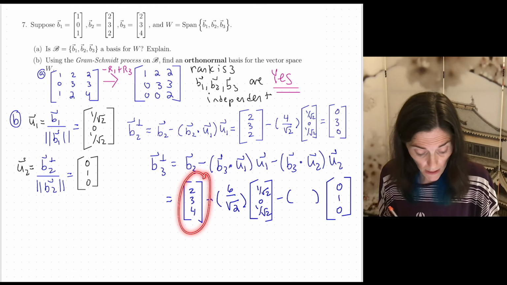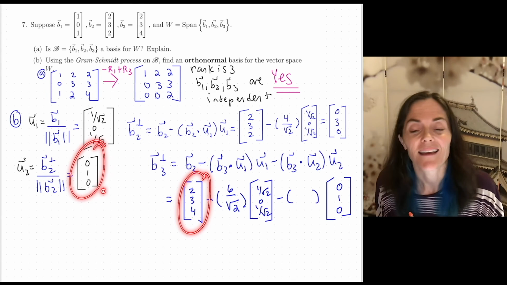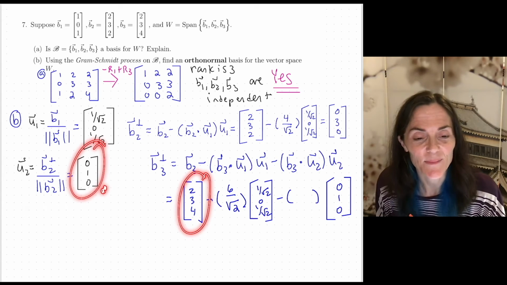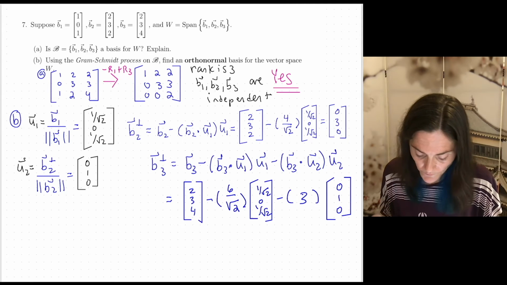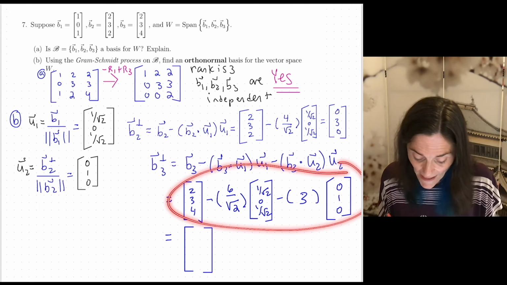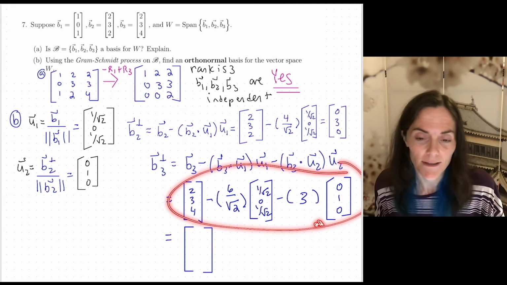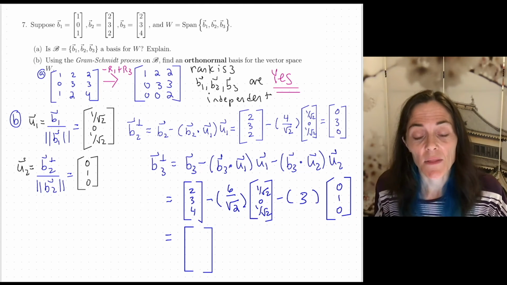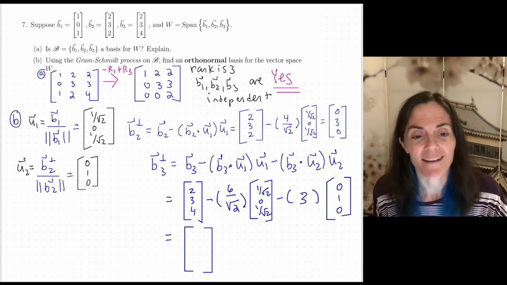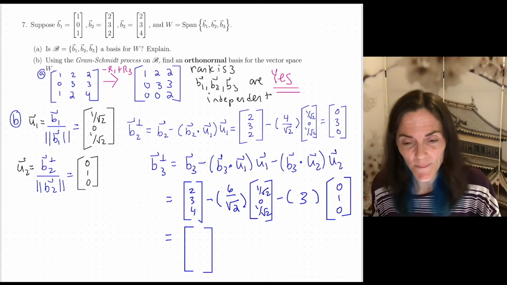Well, here's B3, and here's U2. And you notice we just get 3 times 1. So we have 3. Now we just have to add these vectors, or this vector minus this one minus this one. We will have the right direction for this third vector in our orthonormal basis.